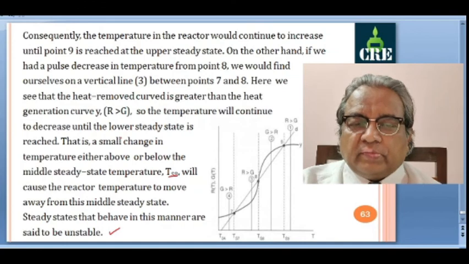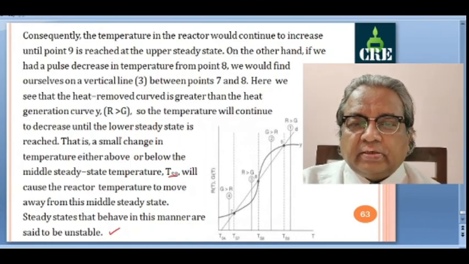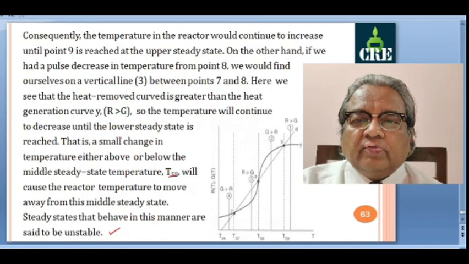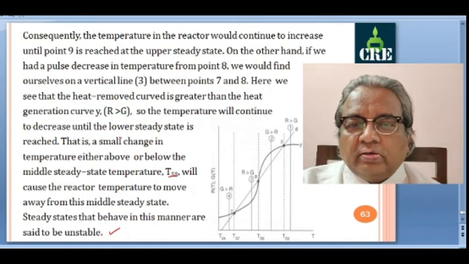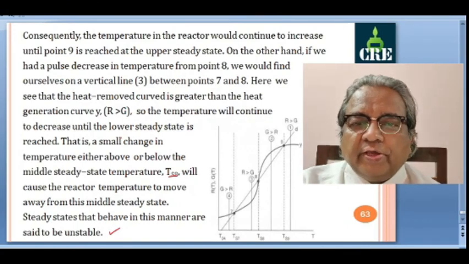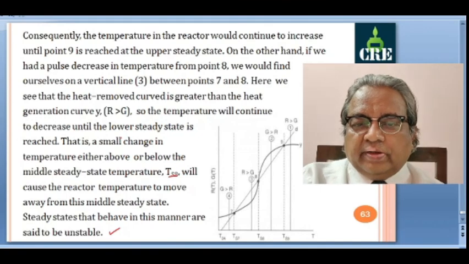So we will study step growth polymerization and addition polymerization and see their kinetic models, and that also we will be studying from the textbook by H. Scott Fogler. So we'll stop here today and continue with kinetics of polymerization reactions in our next lecture.